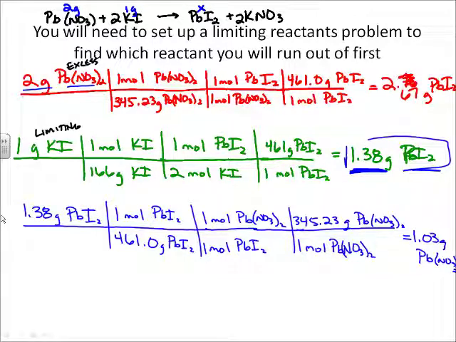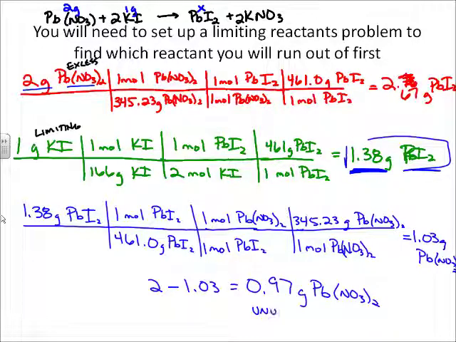So that means we have left over, as our excess reagent, 0.97 grams of your lead-2 nitrate left over. So I'm going to say it's unused.